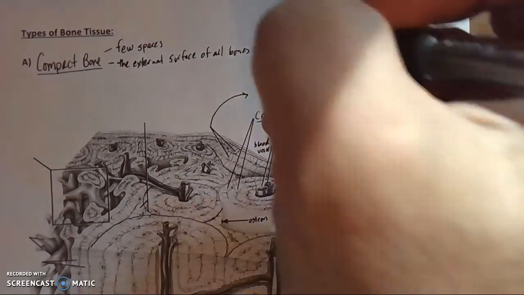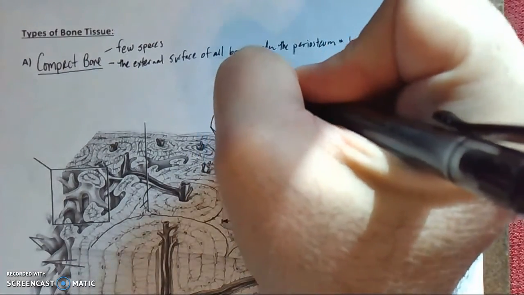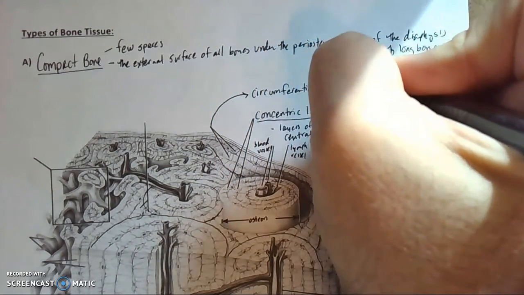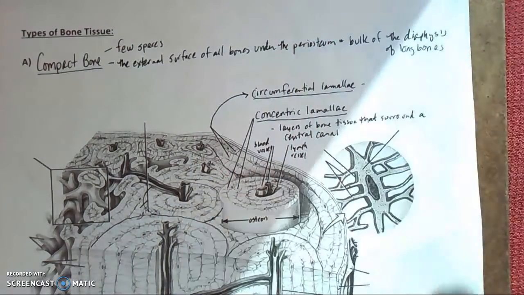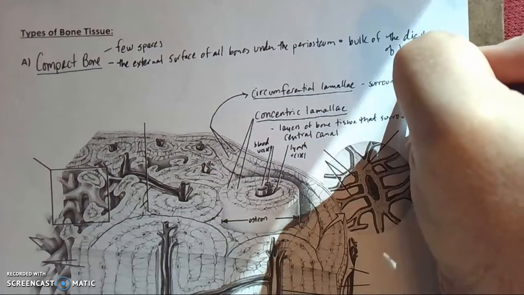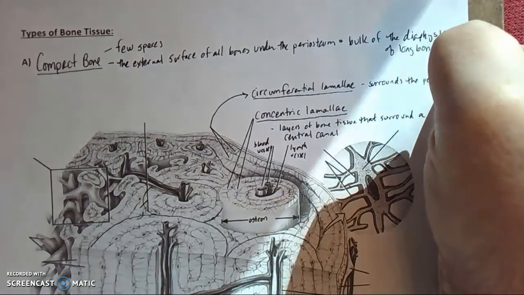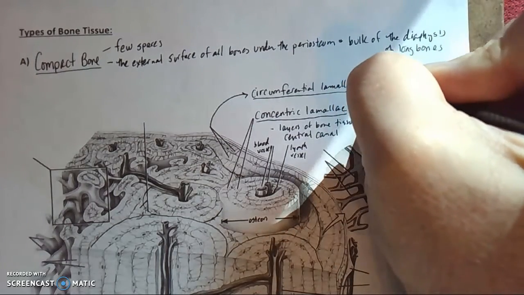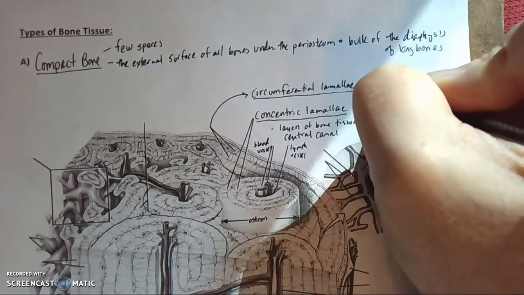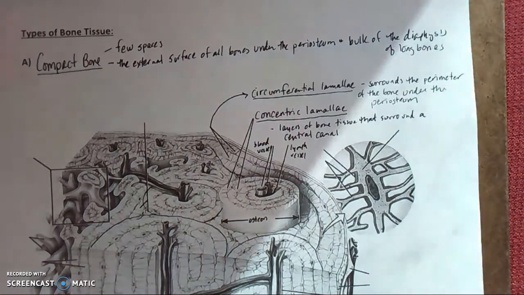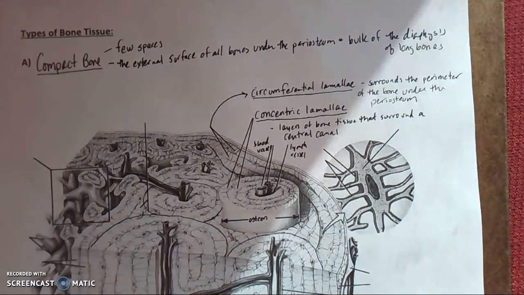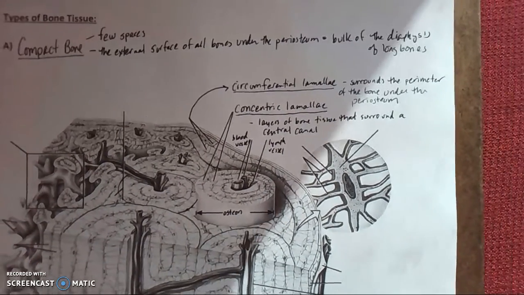This is going to be called circumferential lamellae. And this surrounds the perimeter of the bone under the periosteum. So that layer forms a perimeter. It's the circumference of the bone, if you want to think about that.